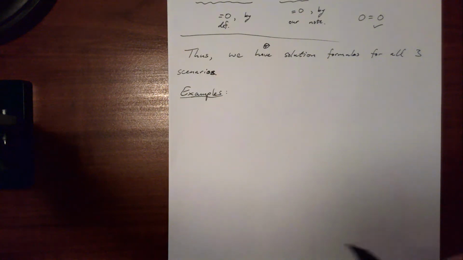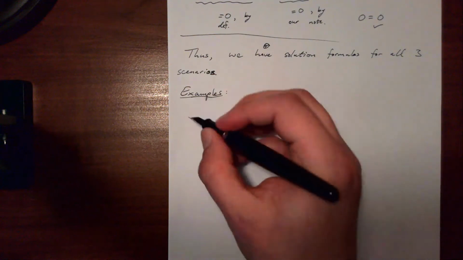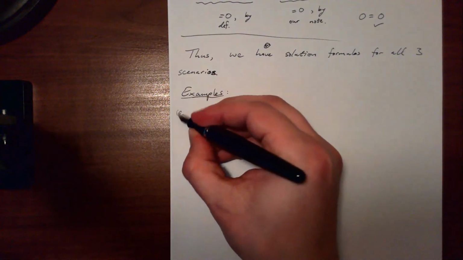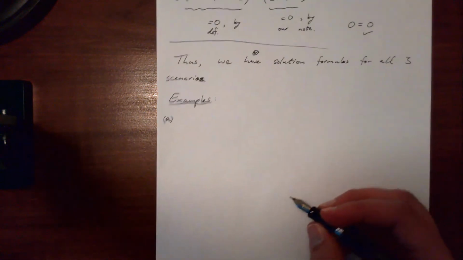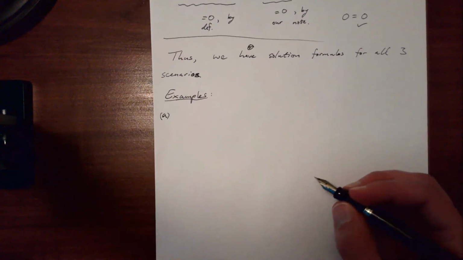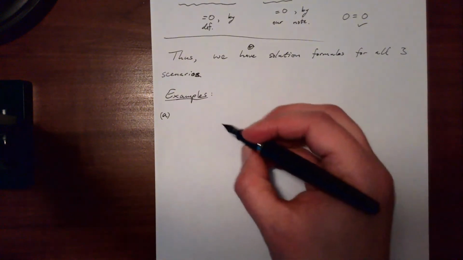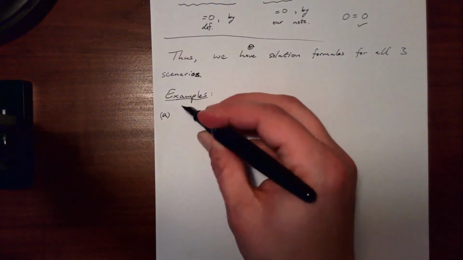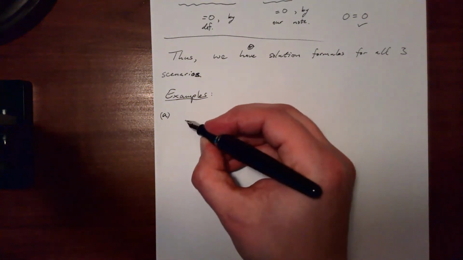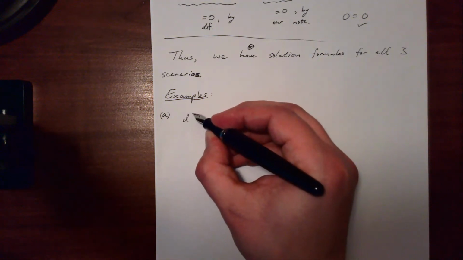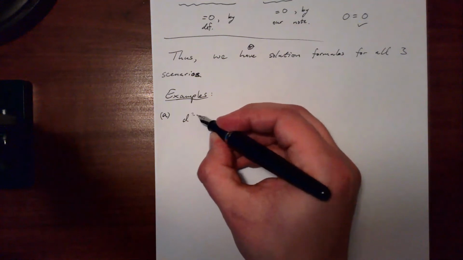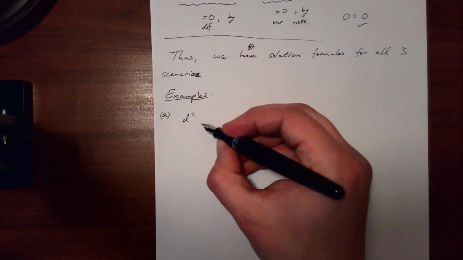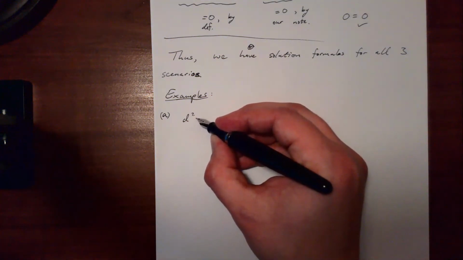Alright, so for our first example here, example A, we will take a differential equation with some initial conditions as well. So let's say here our differential equation, and we're going to try to mix up the way we write these, throw in lots of primes and also lots of the Leibniz notation.